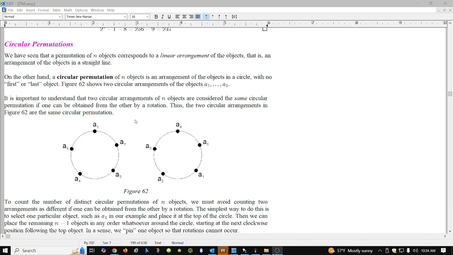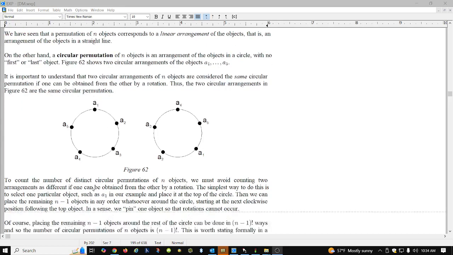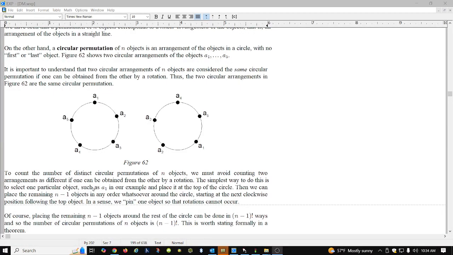The problem is then to count the number of distinct circular permutations of n objects. Now, the simplest way to do this is to select one of the objects, say A1, and place it at the top of the circle. Fix it at the top of the circle.